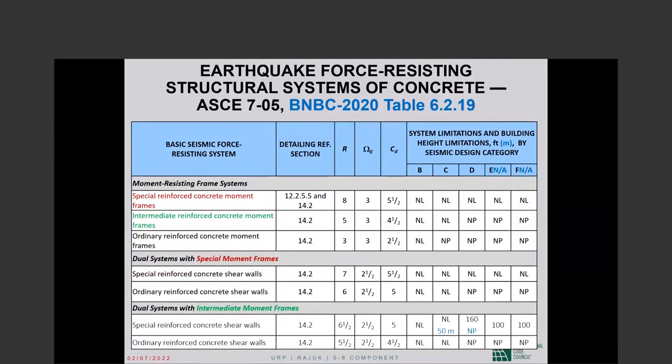Now, this is a portion of the R values table 12.2-1 of ASCE 7, which is BNBC table 6.2.19. Yeah. So we have the basic seismic force resisting system. The detailing reference you could actually ignore.